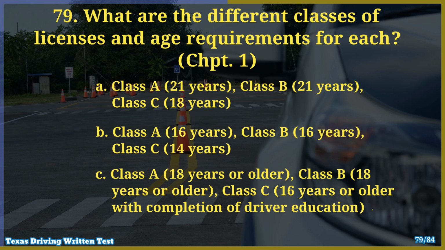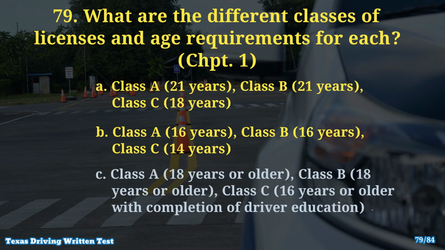C. Class A, 18 years or older, Class B, 18 years or older, Class C, 16 years or older with completion of driver education. Answer is C. Class A, 18 years or older, Class B, 18 years or older, Class C, 16 years or older with completion of driver education.